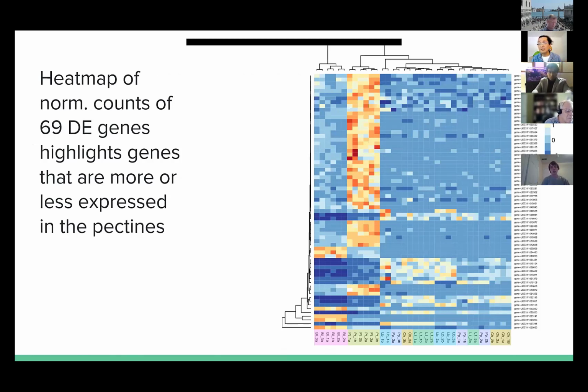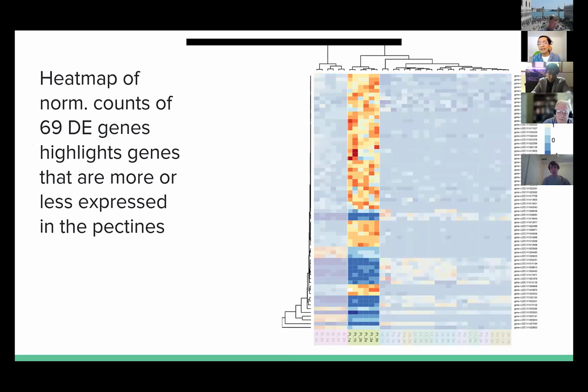So this is shown in this heat map. And briefly speaking, it shows the degree of expression of these different 69 genes across the different appendages. And here we can see highlighted the part that represents the pectins, those forming a cluster in this heat map. And we can easily identify those genes that are highly expressed compared to the other ones.